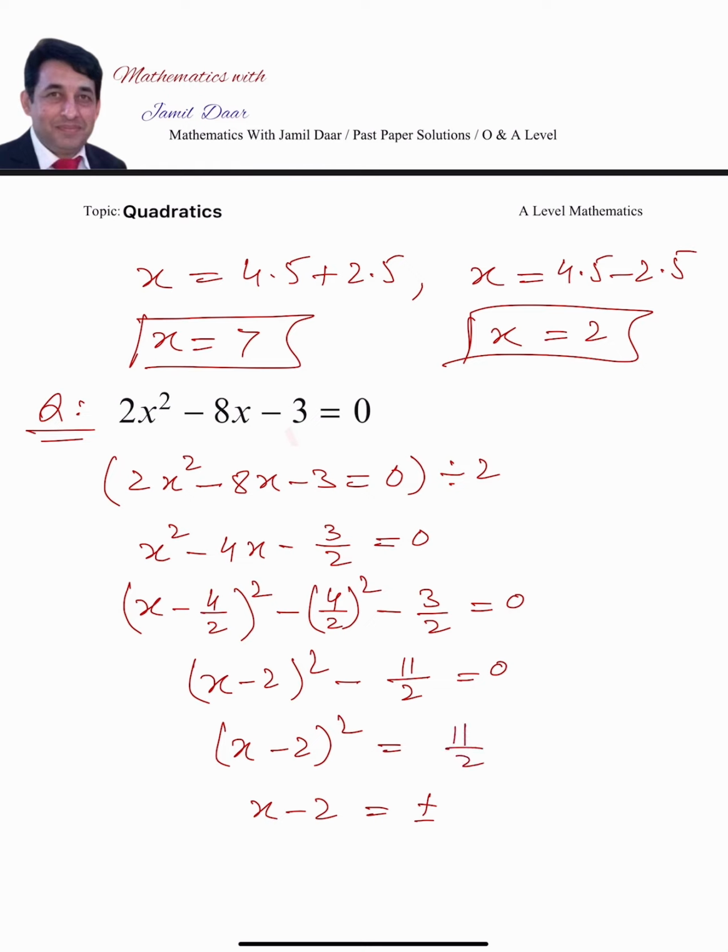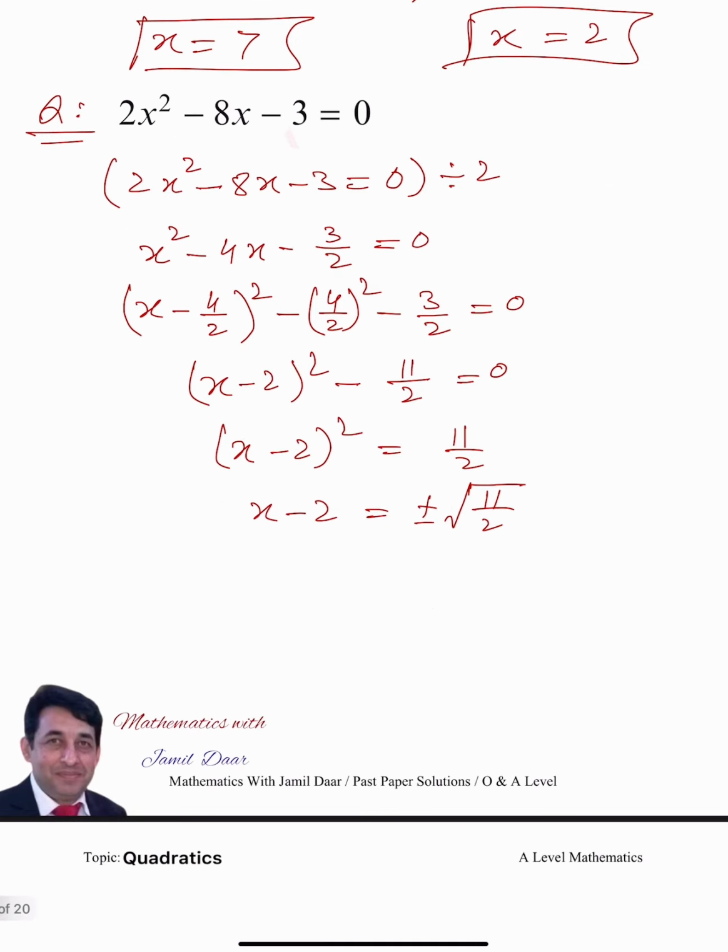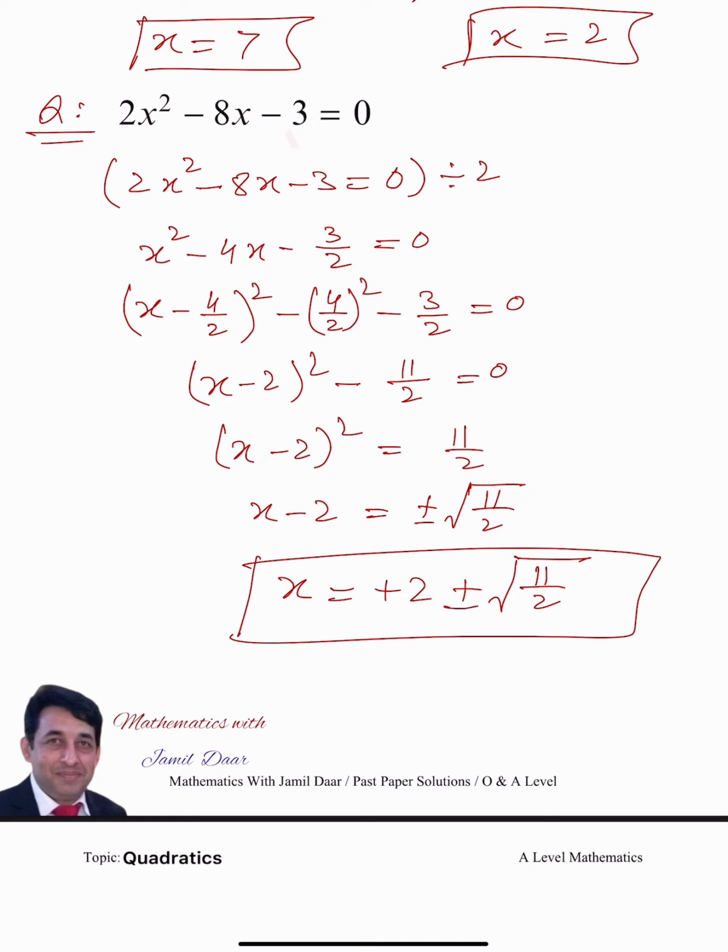So, square root of 11 by 2. Okay, bring this 2 to the other side. This will become minus 2, will become plus 2, plus minus square root of 11 by 2. So, this is your answer in surd form, leaving your answer in surd form.